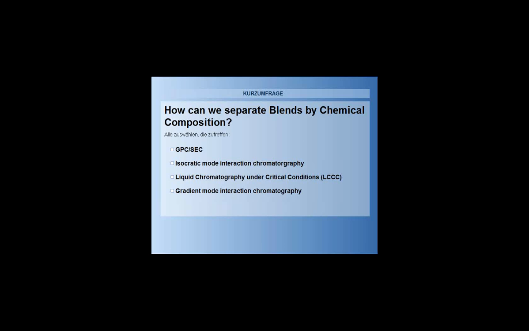And there we go. So the question, as Wolfgang proposed: how can we separate polymer blends by chemical composition? GPC-SEC, isocratic mode interaction chromatography, liquid chromatography under critical conditions, or gradient mode interaction chromatography. Those are your choices.